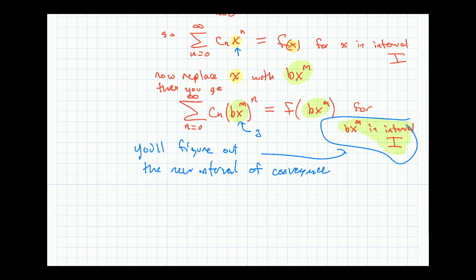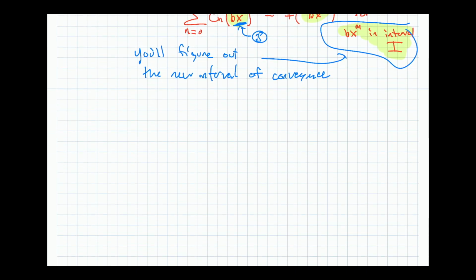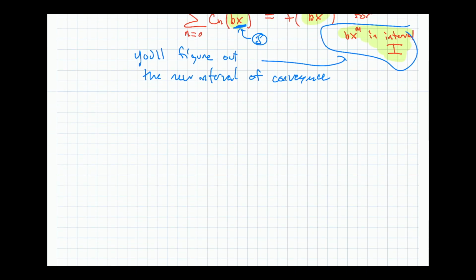So they're still going to converge. If the first one converges, the second one's going to converge. It's just that you're going to have to plug in different x values to get the same result. That's the idea. There's really nothing there in terms of complicated math.